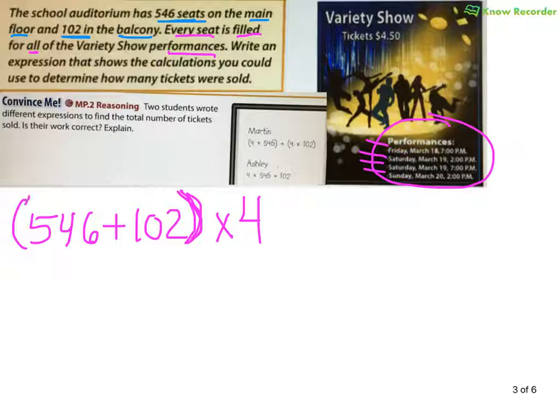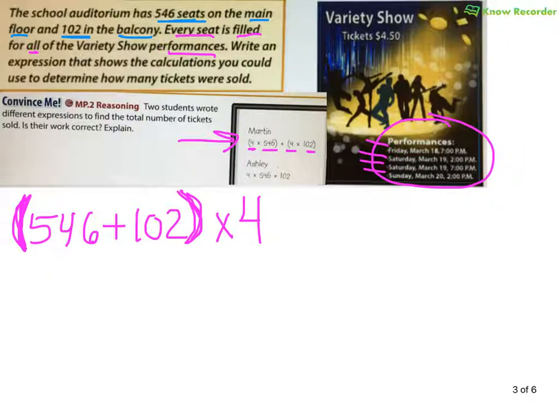This says, hey, add up and find out how many total seats there are in every performance, and then multiply it. Now, that's going to lead into this second question where 2 students wrote different expressions. Martin's is pretty good because he's saying there's 4 performances times the main, and then he adds 4 performances times the balcony. And that's valid because he did all 4 performances for each section.